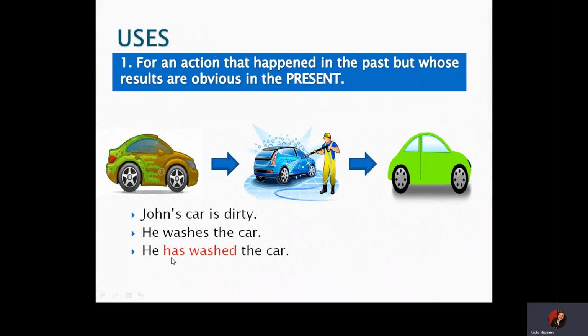So, what are the obvious results now? The cleaned car. An obvious result in the present time is the cleaned car. Okay, so action in the past and results in present time.